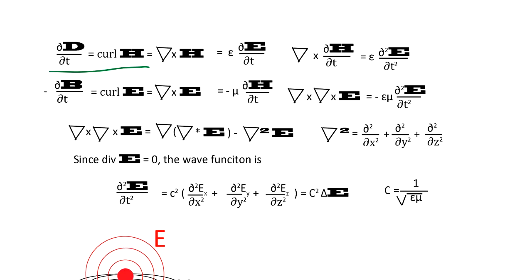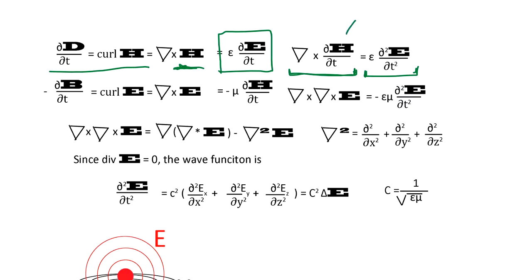dD/dt is curl H. Okay, so the electric field causes a magnetic field. If we take a derivative in time, it becomes the second derivative of the electric field that causes the magnetic field. Why take the second derivative?